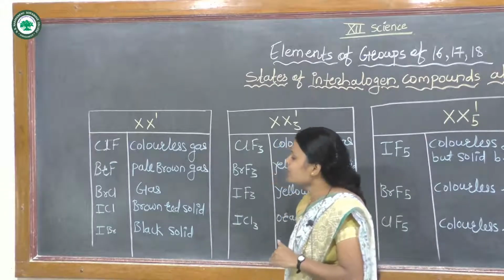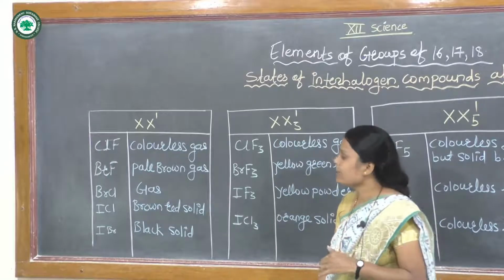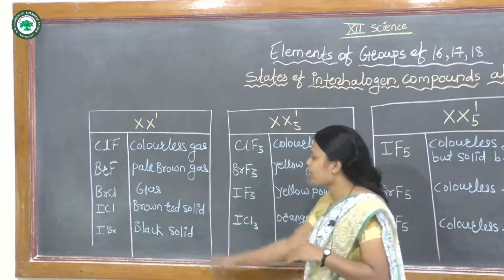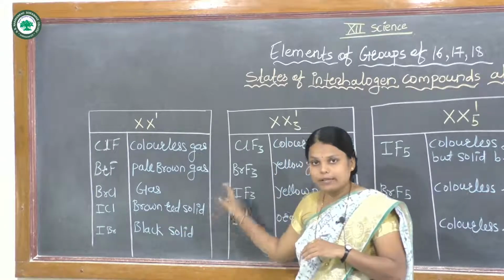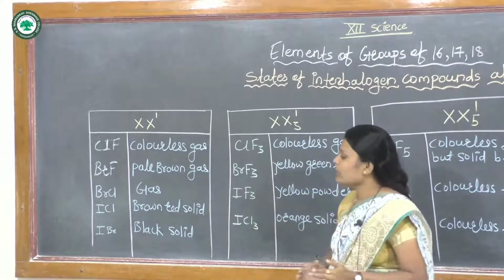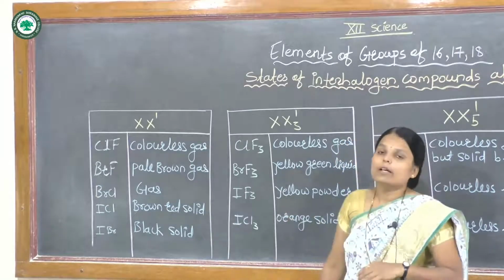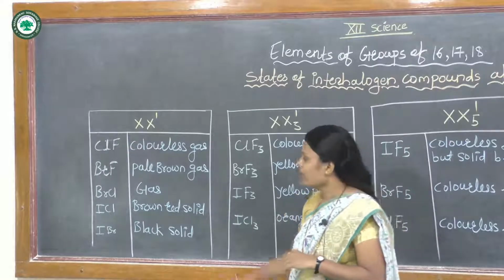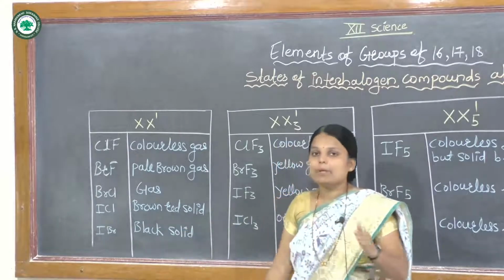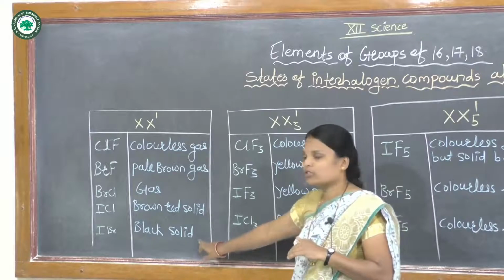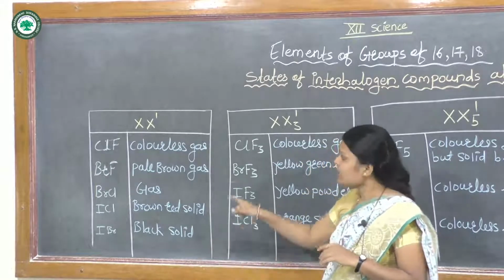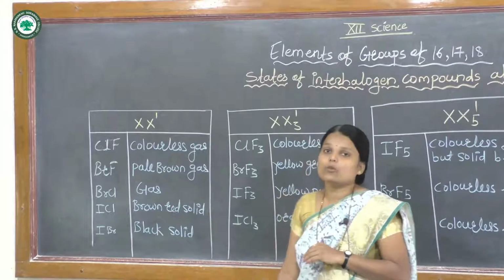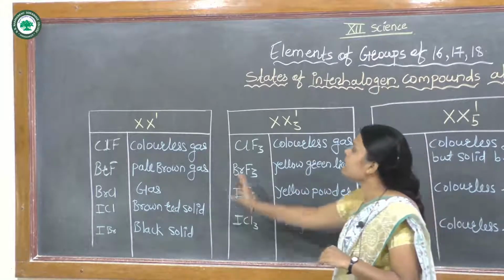The fourth one is ICl, iodine monochloride, and iodine monochloride is a brown red solid in nature. Then the last example in this XX' classification is iodine bromide, IBr, and IBr is a black solid. These are the examples of XX' interhalogen compounds and their states.